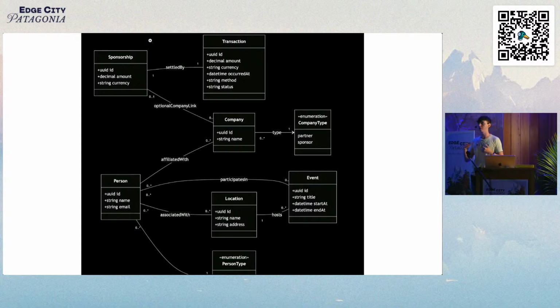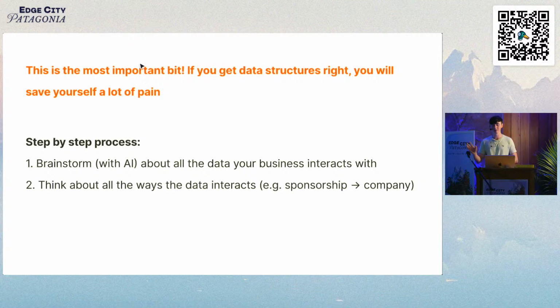But also maybe a company is mapped to an individual person, and that person is tied to a specific event or multiple events. So the idea is that you want to be very clear about what the fundamental pieces of data in your business are and how they relate to each other. I find that spending a lot of time at this stage helps you avoid a lot of headaches down the road.